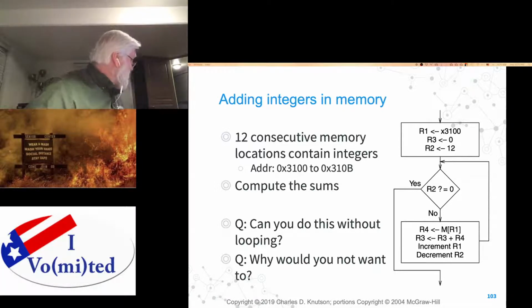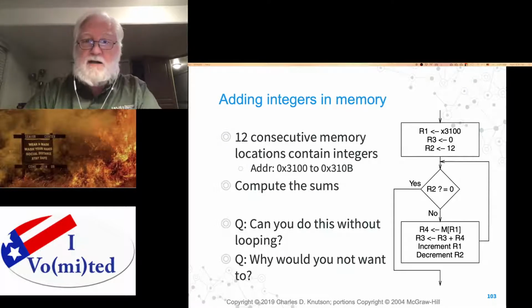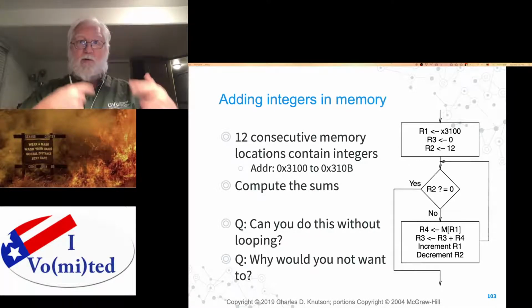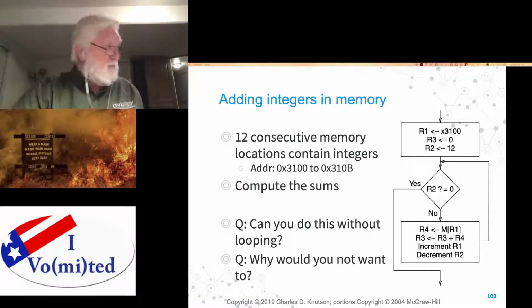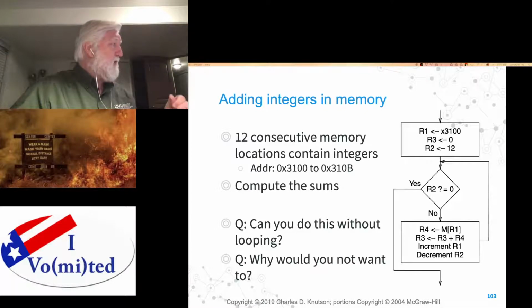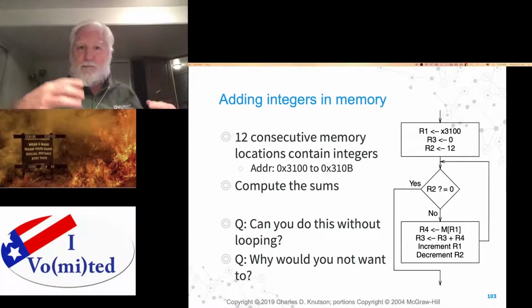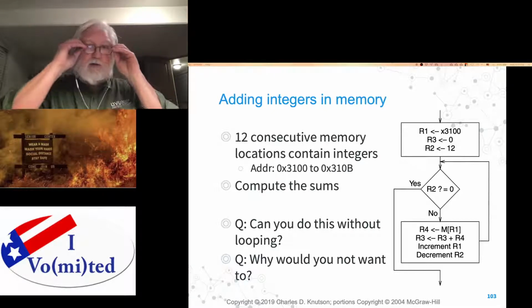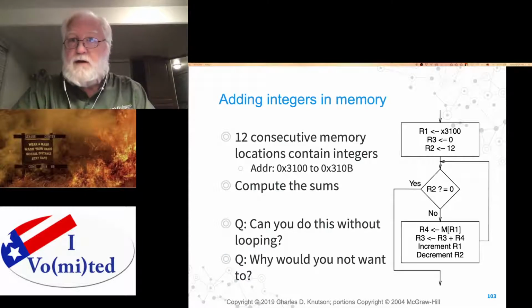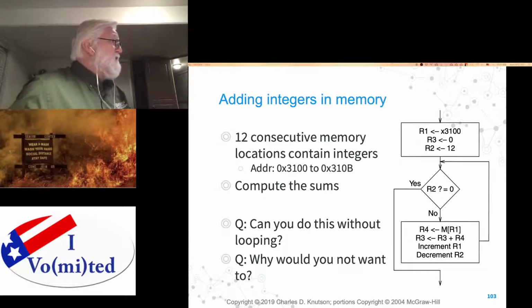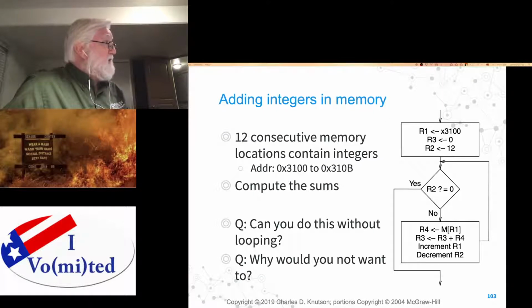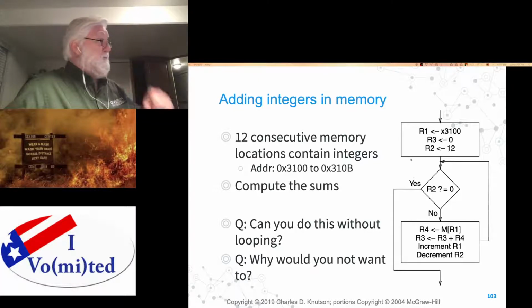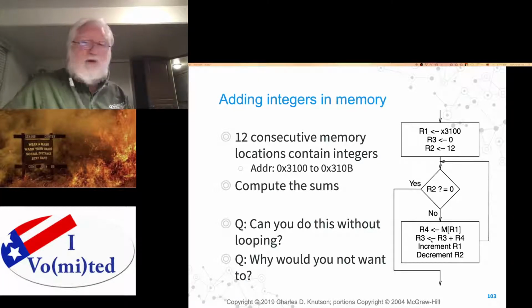I think what we got to was we walked through this flow chart to see how we would do this loop to sum all the numbers in 12 consecutive memory locations. We did this in sort of pseudocode flowchart.